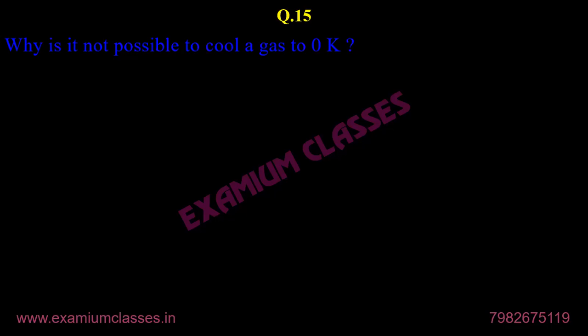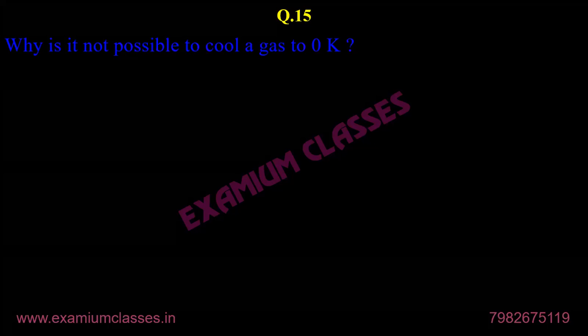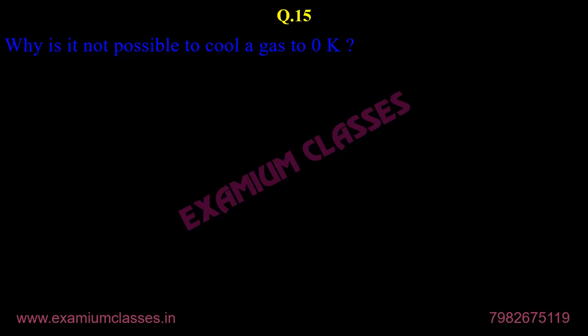The answer is because all gases will either liquefy or solidify before reaching the 0 Kelvin temperature. So all gases will condense before reaching 0 Kelvin. So they will not exist in the form of gas there.